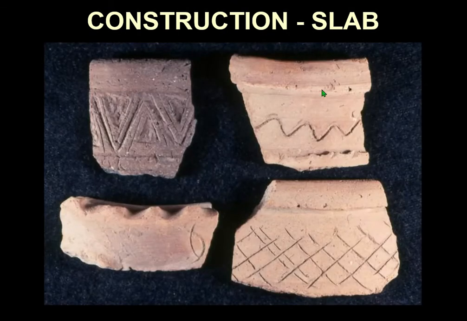Like this. So you can see these are rims of vessels. These are all made in the Yemen in the 9th century actually, so we'll be looking at these. But they have broken. See, the break here is parallel to the rim. All of these breaks are parallel to the rim. And so this shows that this was actually a slab, and these vessels were constructed using slab construction.